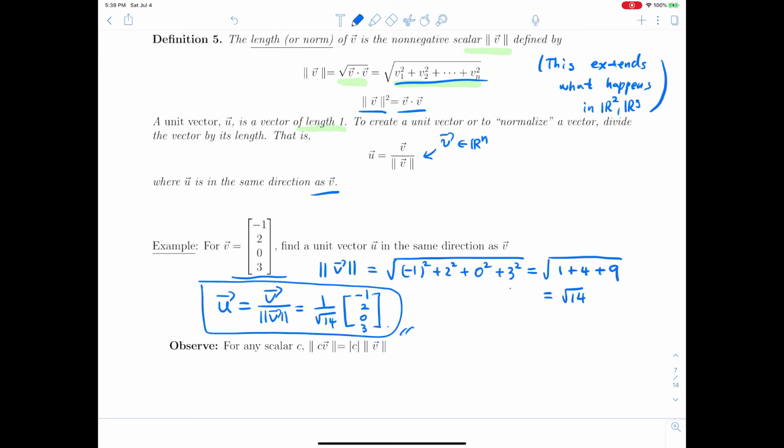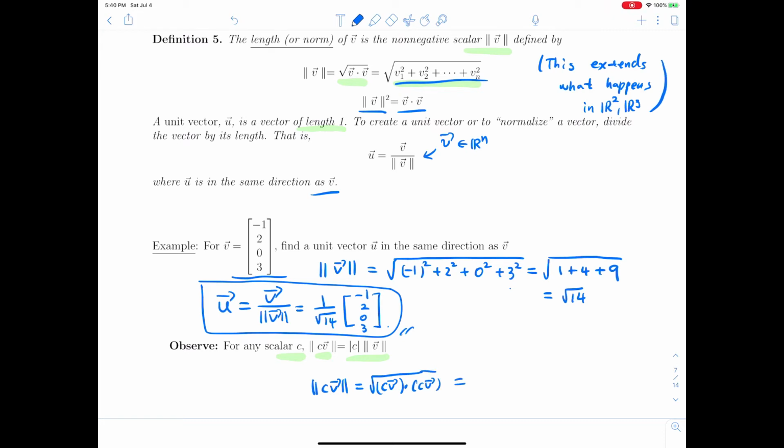And one thing to observe is, for any scalar c, if you scale a given vector, then that actually scales the magnitude of the given vector. So intuitively that is really clear. But if you prove it, the magnitude of cv equals the square root of cv dot cv.